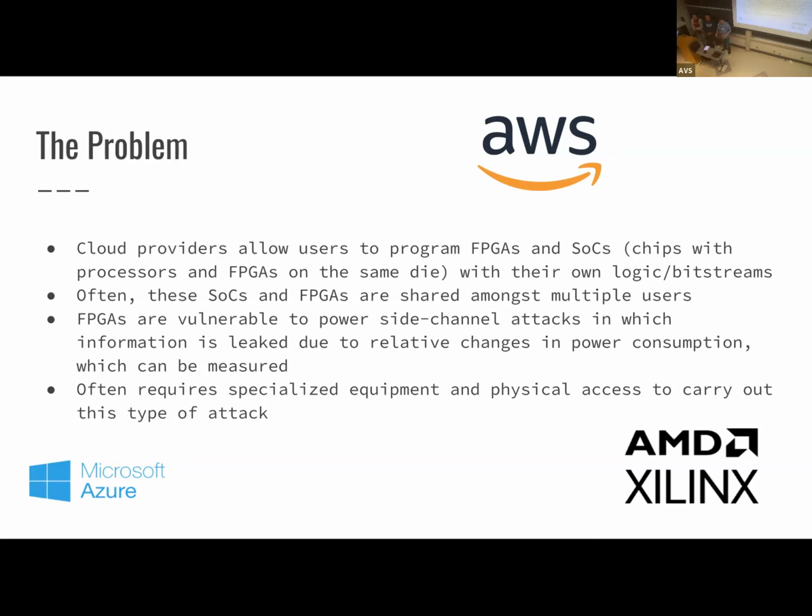And so it's therefore possible to launch side channel attacks against victim logic from other users that you're sharing the FPGA space with. A lot of times these side channel attacks, which are based off of relative changes in power consumption of the FPGA, require specialized equipment such as oscilloscopes to conduct. But in this paper, they figured out how to do that in a remote manner that's entirely software based.